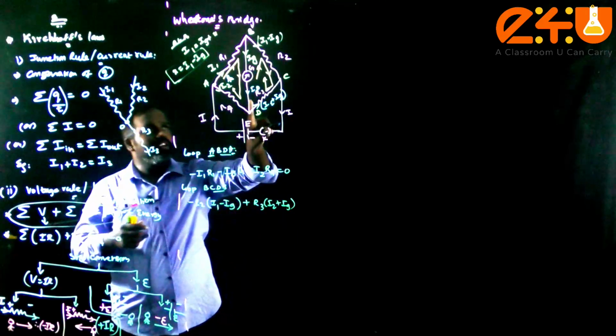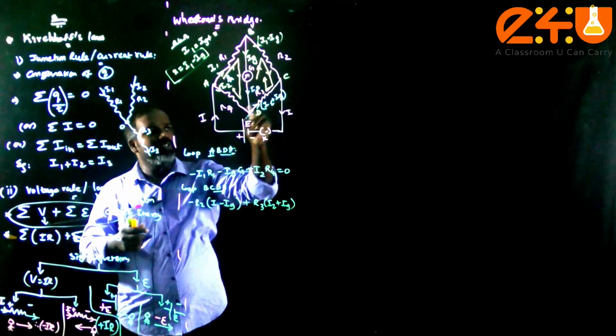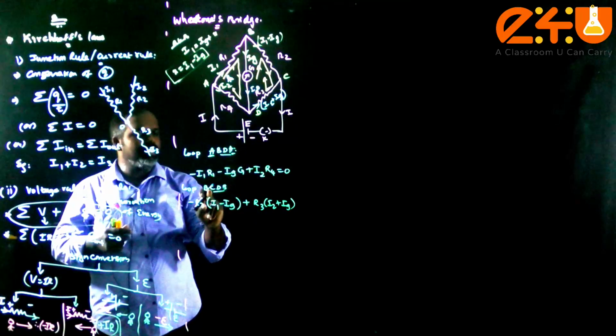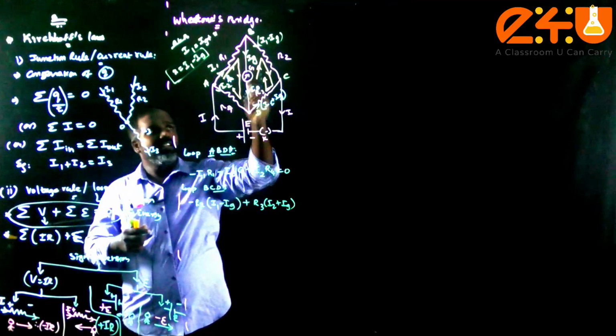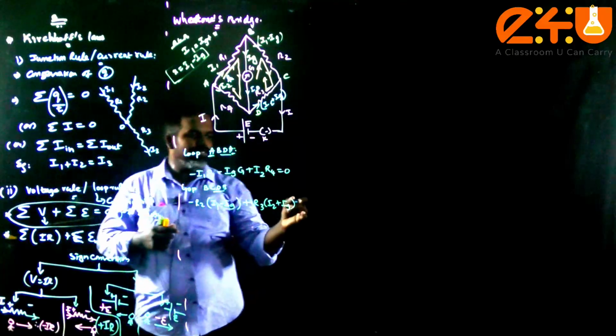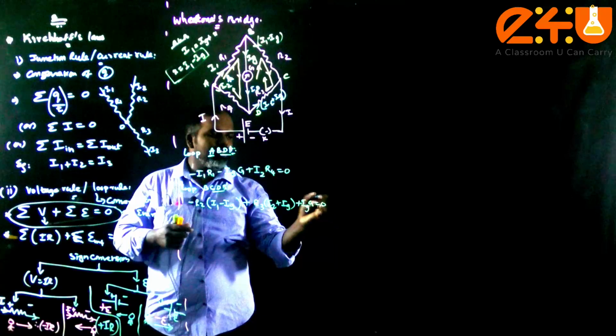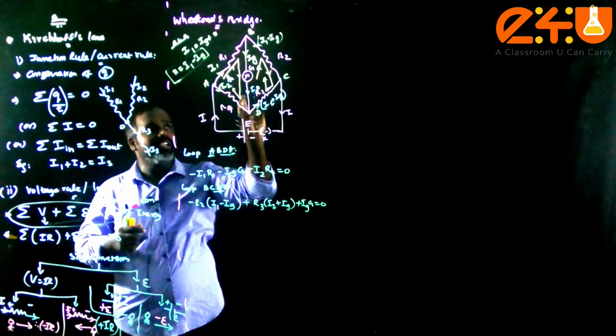Then you go from C to D, then D to B, to complete the loop B to C, C to D, D to B. Then you are going opposite to the Ig value, so the term is Ig G. The total is 0 because there is no battery with an EMF here.